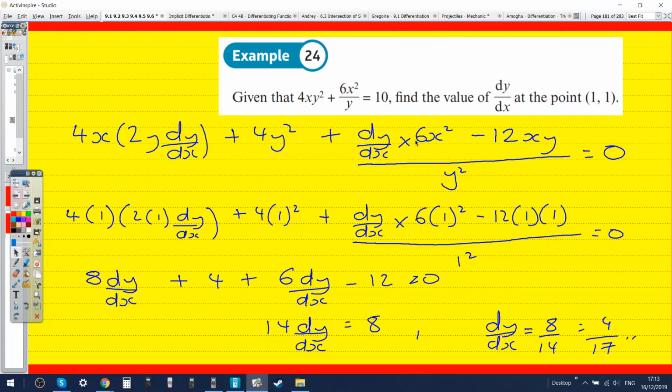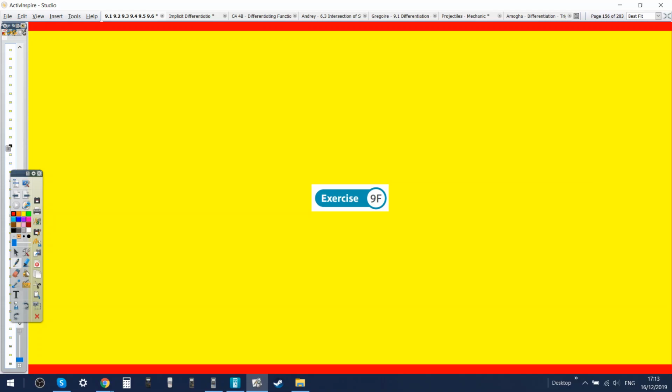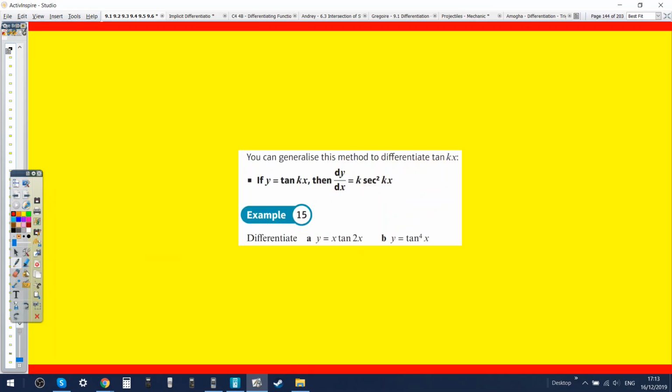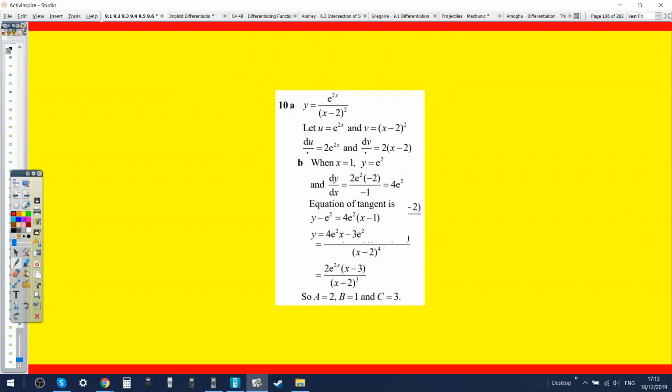I don't know the quotient rule off the top of my head, but these two should be swapped around. So this one comes first, so it's plus 12xy and minus... why would they be swapped around? I think the denominator is always differentiated first, because it's dv by dx times u minus du by dx times v over v squared.